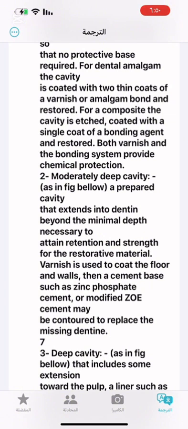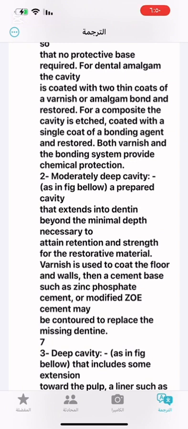For dental amalgam, the cavity is coated with 2 thin coats of a varnish or amalgam bond and restored. For a composite, the cavity is etched, coated with a single coat of a bonding agent and restored.